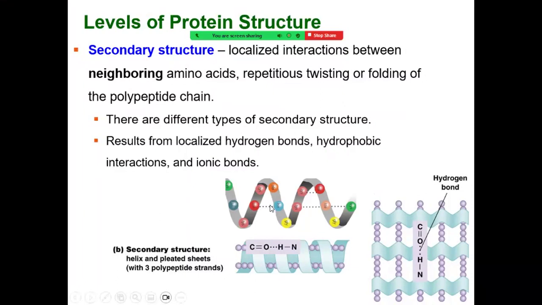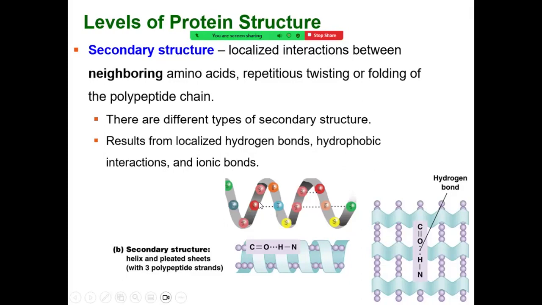can form an ionic bond between them, and this happens when an R group loses a hydrogen, or you can have the amino group. Let me see which one loses it. The carboxyl group loses the hydrogen, and then the amino group of this amino acid gains the hydrogen. That will make one positively charged and one negatively charged.